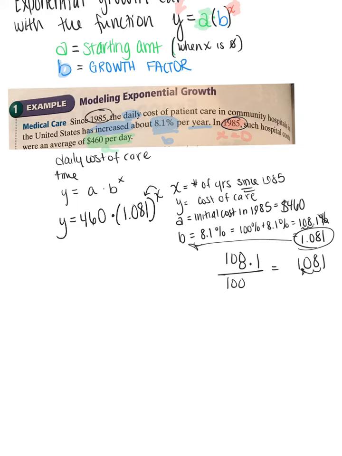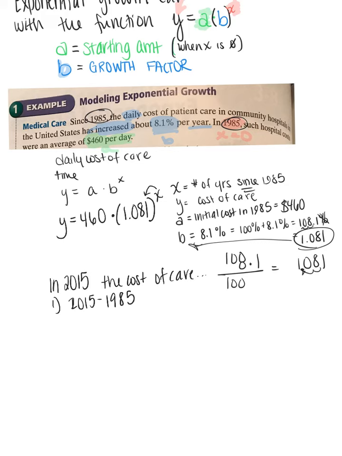All right, so let's see, if this trend holds, what would be the daily cost of hospital care in 2015, 2 years ago? Well, 3 years ago. So in 2015, the cost of care would be, first, I need to find the difference between 1985 and 2015.